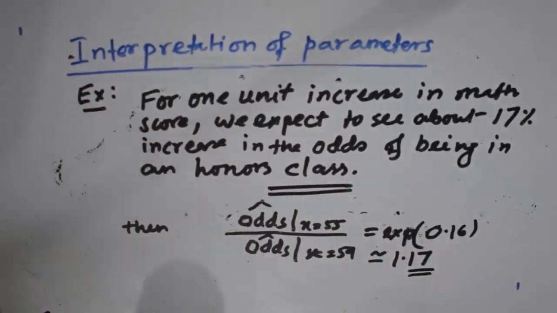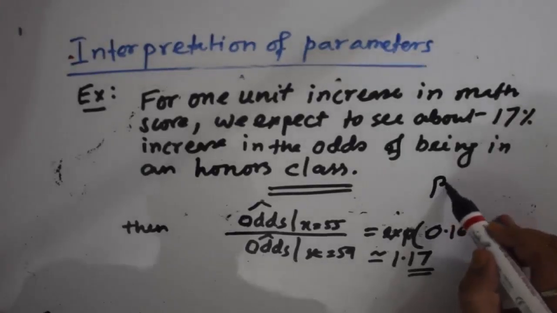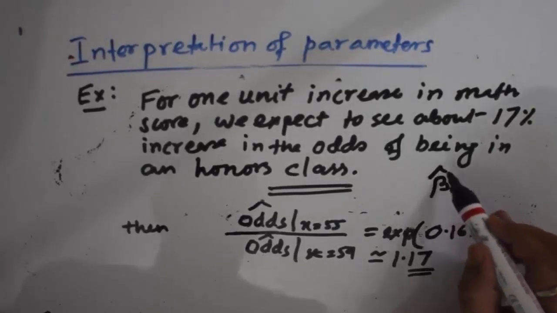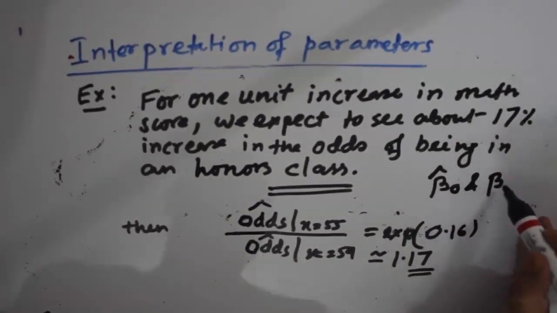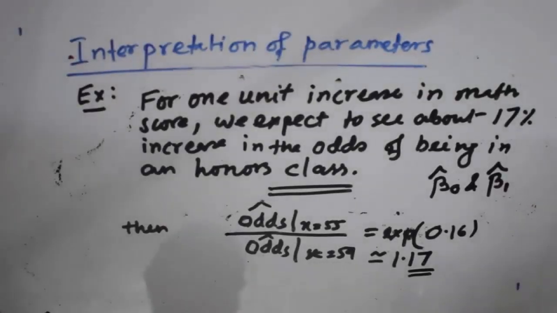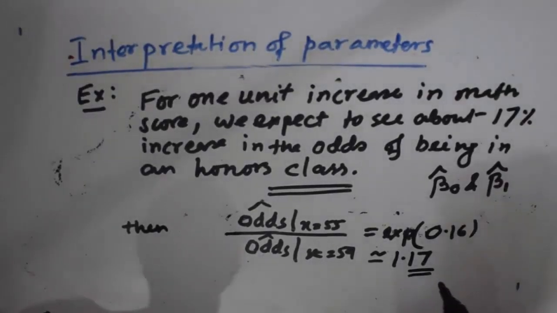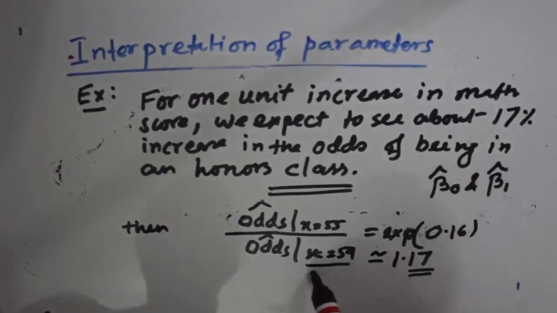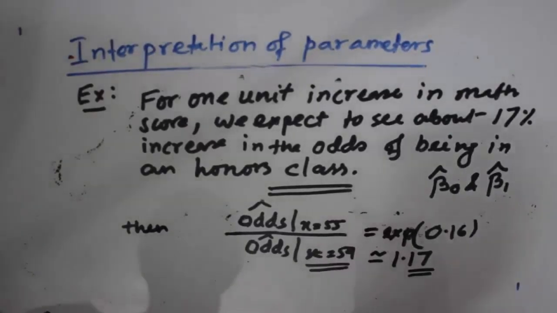So this is the interpretation of beta naught hat and beta 1 hat. And moreover, this value does not depend on the value of x.